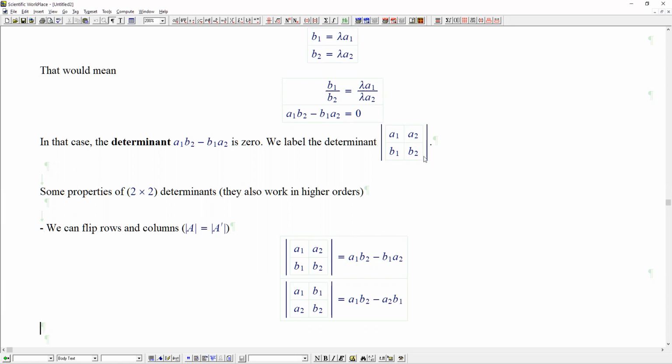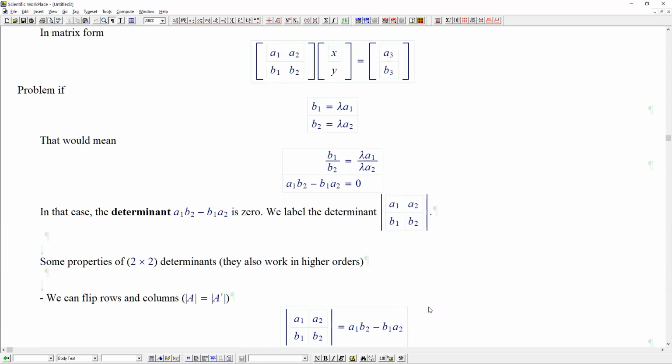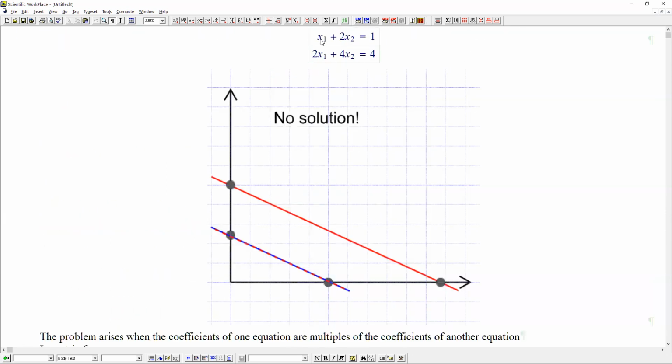Also, we can add a row multiplied by a constant to another row without changing the determinant. Think about it like a system of two linear equations.